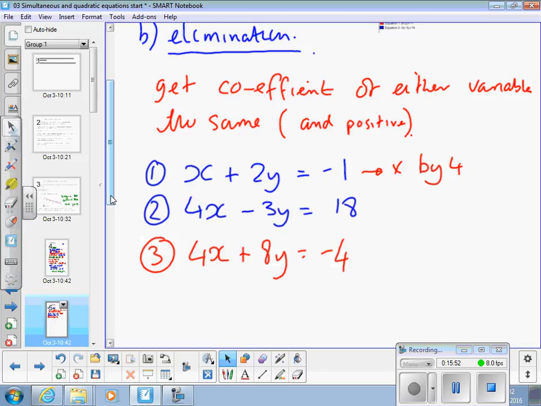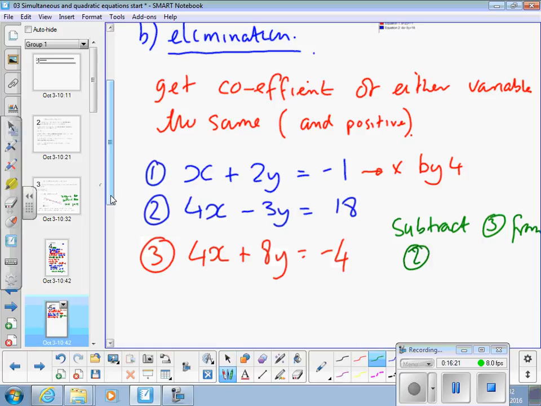Subtract which one from what one? In fact, if we subtract, it doesn't matter which one we subtract from the other, does it? So we can subtract 3 from 2. We're going to subtract equation 3 from 2.